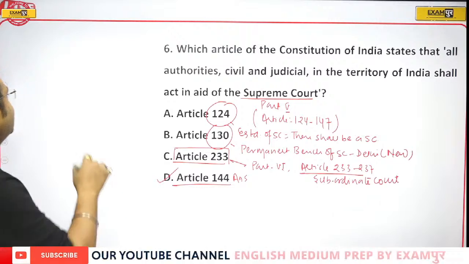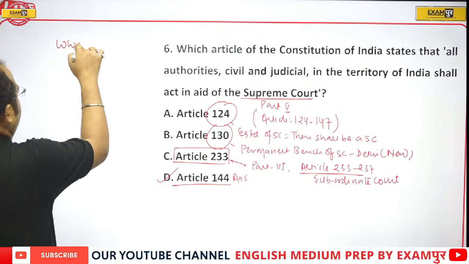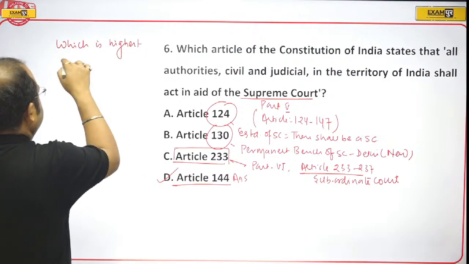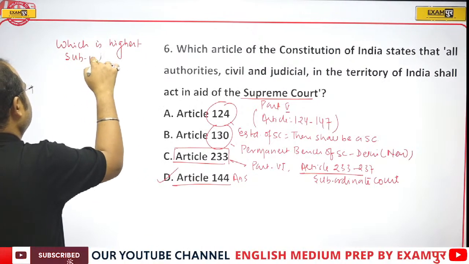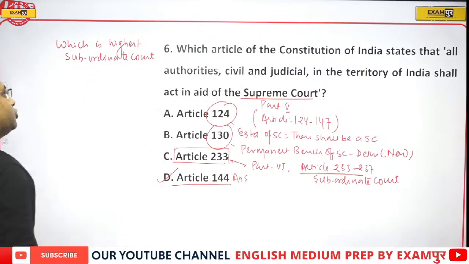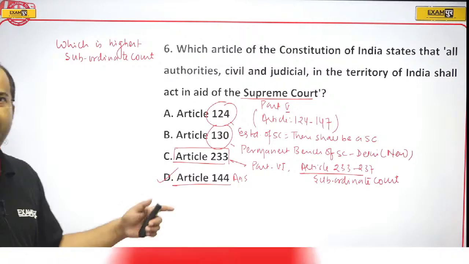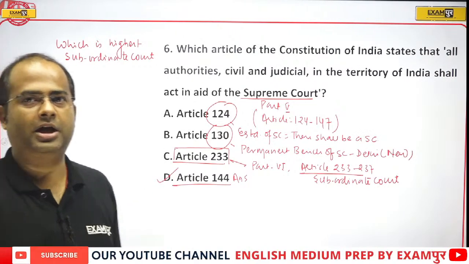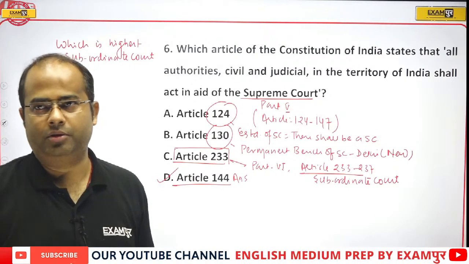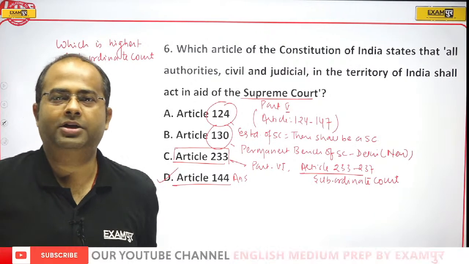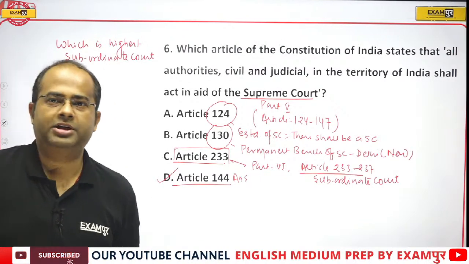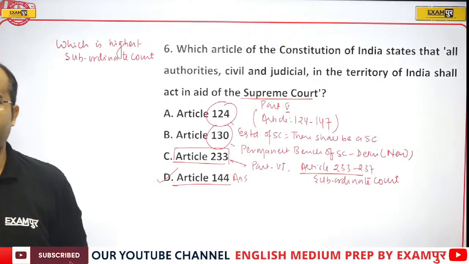And which is the highest subordinate court? The highest judiciary in India is the Supreme Court. The highest judiciary at state level is the High Court. Which is the highest judiciary in subordinate court?